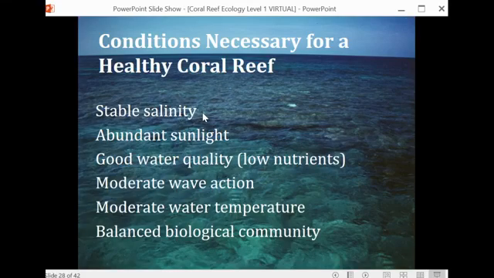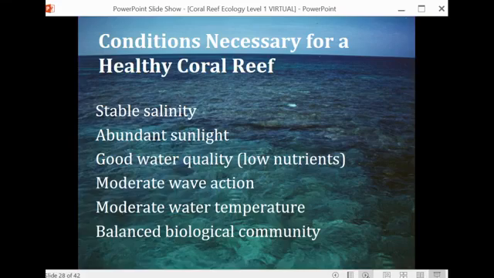Abundant sunlight. Remember, corals are animals. They're not photosynthesizing, but that algae, the zooxanthellae inside of them, is photosynthesizing and needs sunlight. Corals need low nutrient levels. If there's a lot of nutrients, algae grows. Moderate wave action, moderate water temperature, and lastly, a balanced biological community.